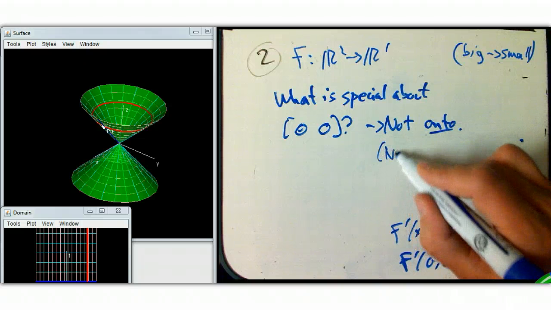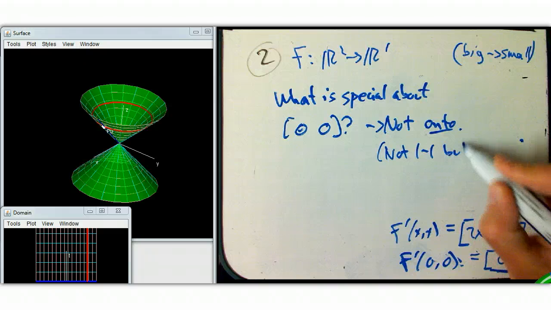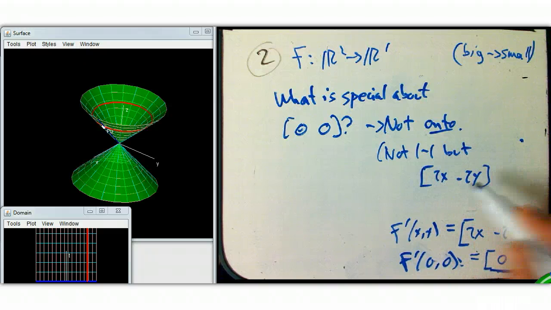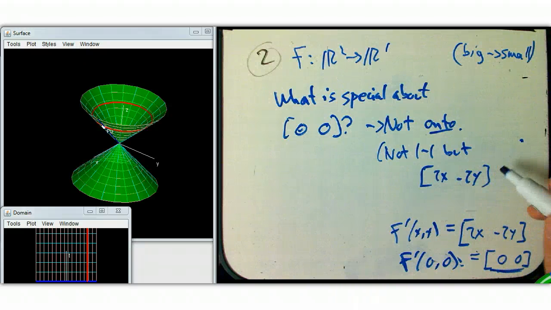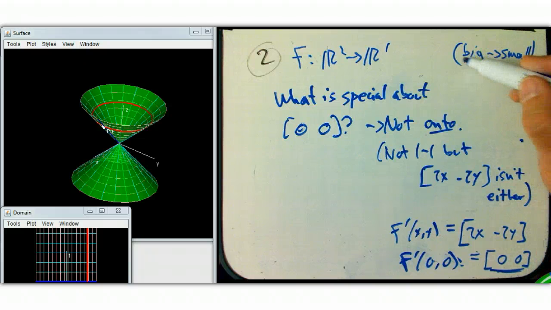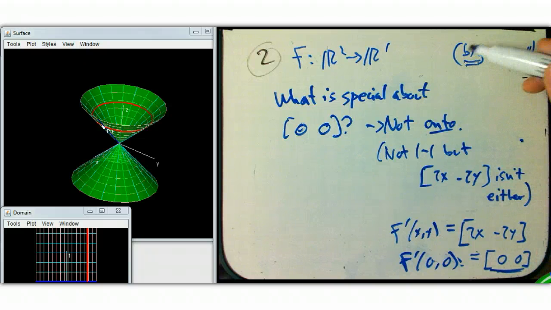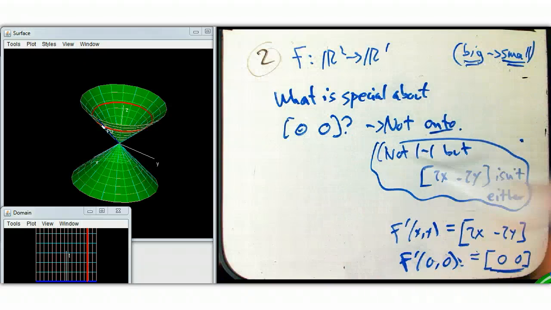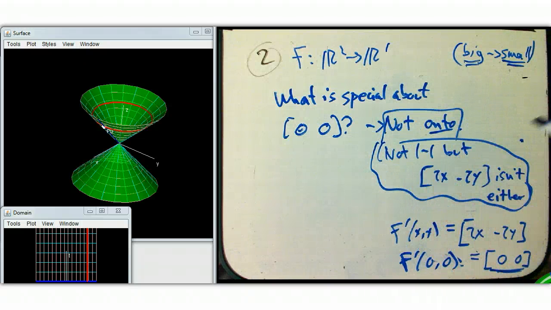It's also not 1-to-1, but even the general matrix, if I put in like x equals 2, y equals 4, that's not going to be a 1-to-1 transformation. We never have, from big to small, for a linear transformation, we never expect one-to-one. It doesn't happen. It's impossible. Okay, so it's not the one-to-oneness, the lack of one-to-oneness about this zero matrix is special. It seems to be maybe the lack of onto-ness.